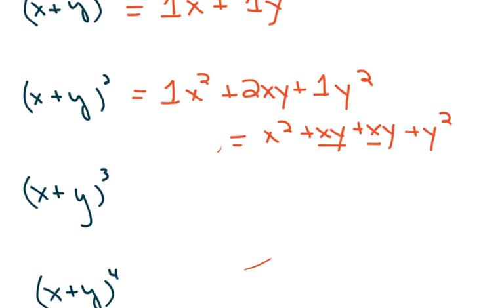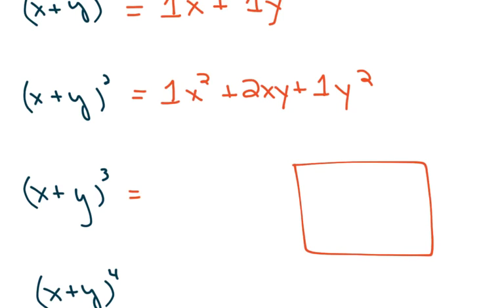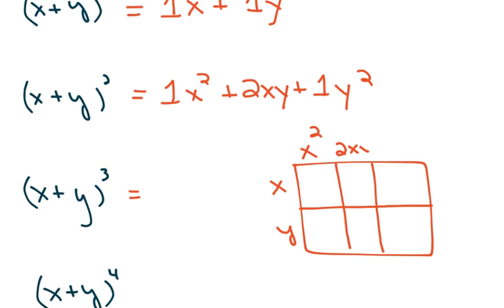In order to multiply this out, I'm going to use the box method because it's a really nice way of doing it. So the way the box method worked was I'm going to put the binomial on one side and I'm going to put the trinomial on the other side. And then we're going to find the area of each box. So this is going to be x cubed. This is 2x squared y.